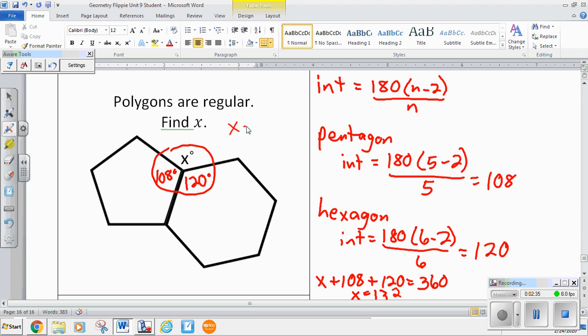So x equals 132. Find one angle of each polygon around that intersection, and then all of those angles add up to 360.